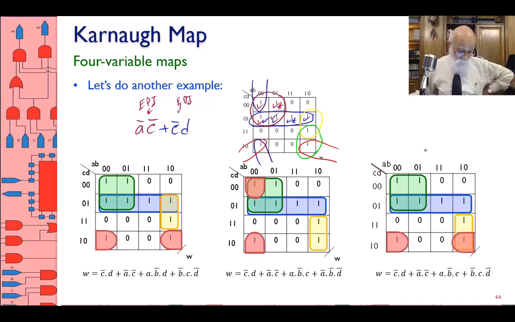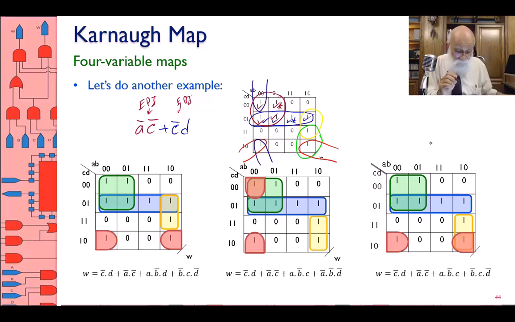Now that I've exhausted all my essentials, do I have any more minterms left? Oh yeah, I have 3 of them left that are not covered yet. So what I do is I go to the next step.